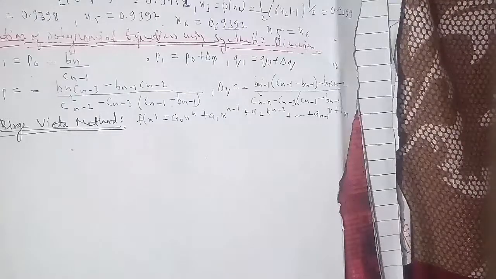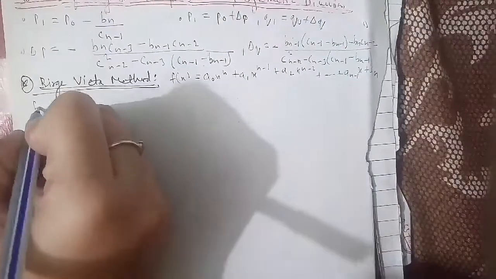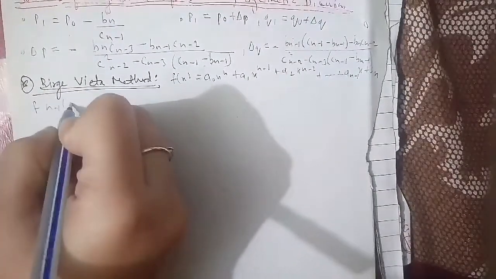You have to note that the factor x minus p of the first degree is extracted from the equation, and the above equation is obtained as the quotient as well.